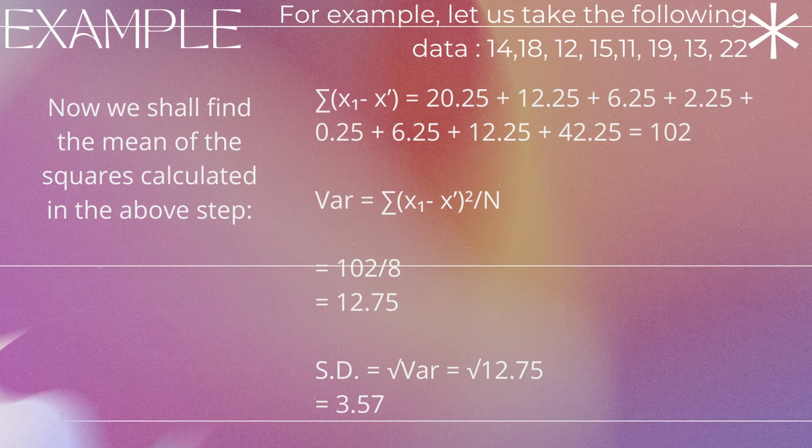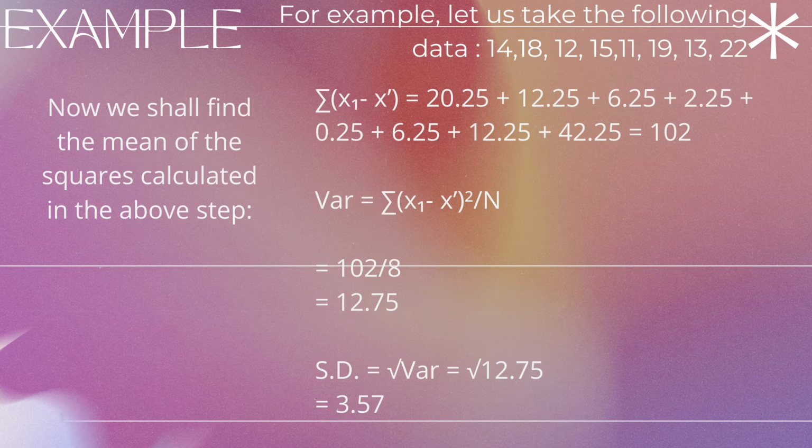So, first we have to add muna yung ating mga nakuhang squares from the difference of x and our mean. So, it is equal to 102 divided by 8. So, it is 12.75. So, yan ang ating variance.